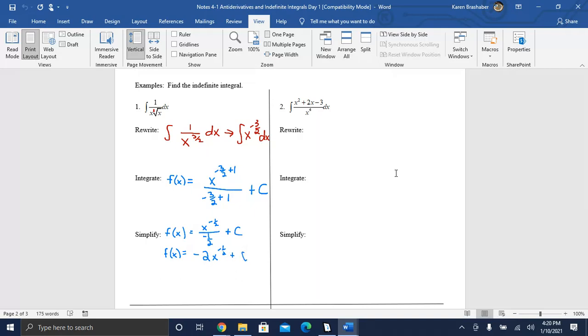And then to get the negative exponent taken care of, you could either put it in a square root, which is how I'm going to do it. And since it's a negative exponent, the square root will be in the denominator. So -2 over the square root of x plus c.